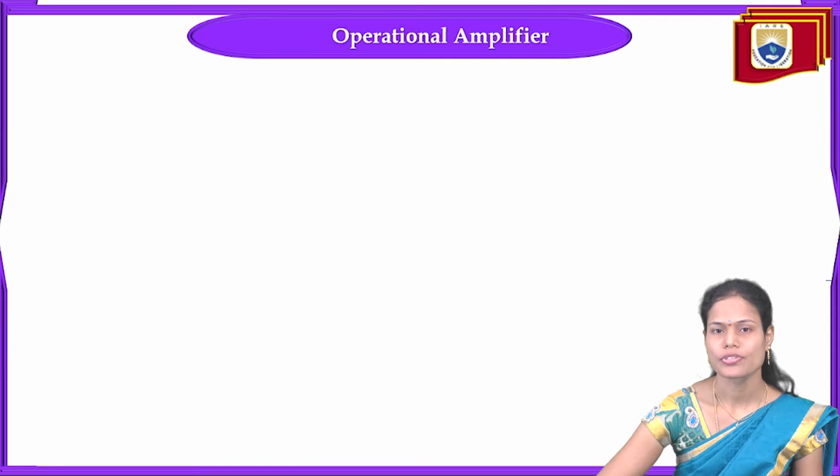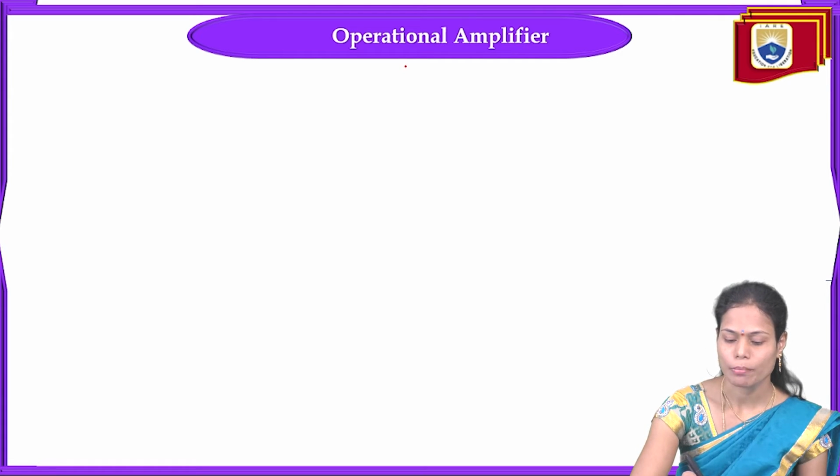I have already mentioned in the previous session that the specialty of the operational amplifier is that along with amplification, it can perform all the mathematical operations, and it can provide a very high amount of gain compared to normal single stage or multi-stage or differential amplifiers. This operational amplifier is nowadays available in the form of ICs.